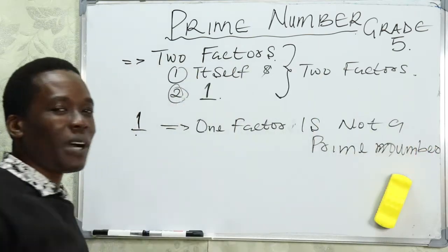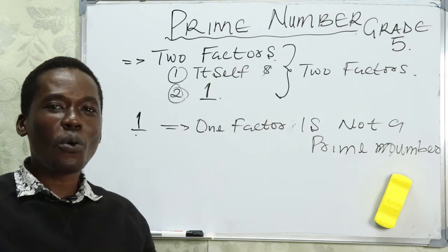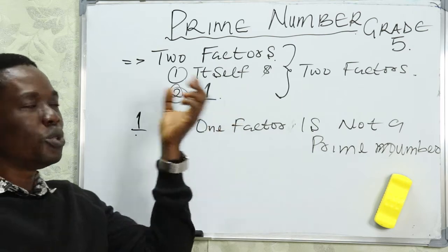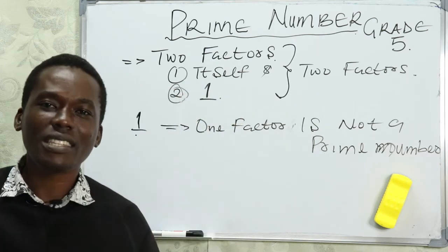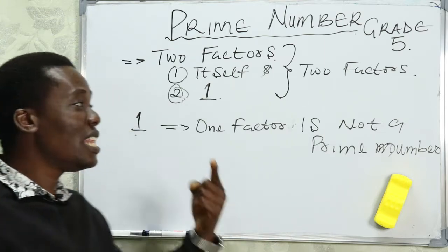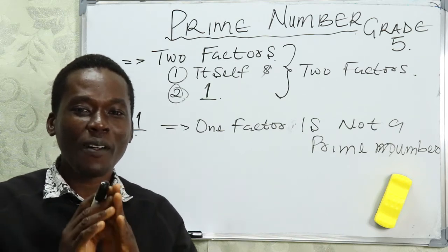Take that into your mind and get to know about it. Wherever you go, a prime number must meet 2 criteria: it must be divisible by itself, and it must be divisible by 1. Any number that doesn't meet these criteria is not a prime number.